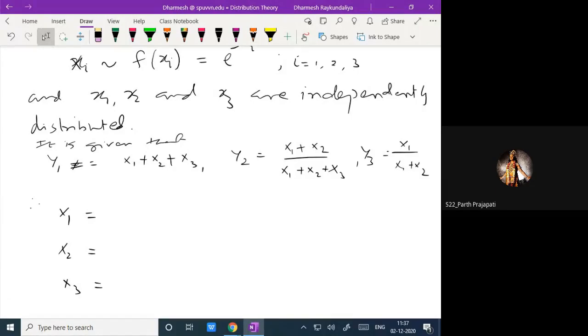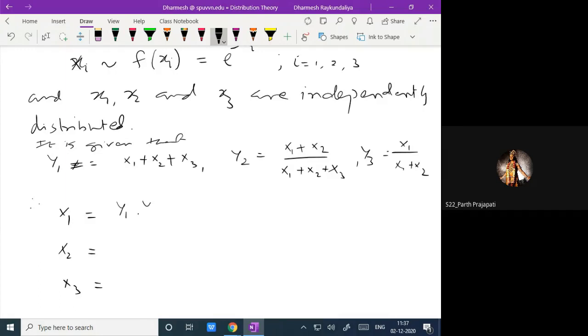y1 into y2 into y3. How is it? y1 has x1 plus x2 plus x3. y2 has x1 plus x2 upon x1 plus x2 plus x3. y3 has x1 upon x1 plus x2. So can you write y1 into y2 into y3? This will cancel out with this. This will cancel out with this.